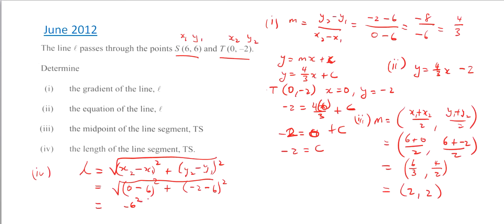So it's -6 squared plus -2 minus 6 is -8 squared. Right? And this will give me 36 plus 64. And it'll be square root of that. And this will be the square root of 100, which is equal to 10 units.